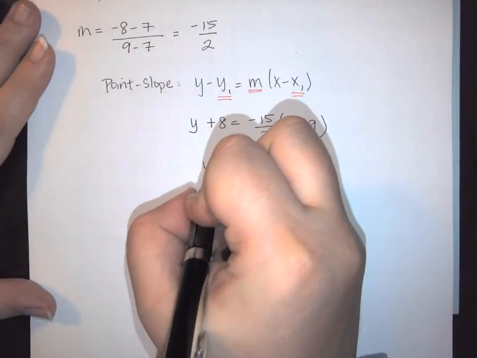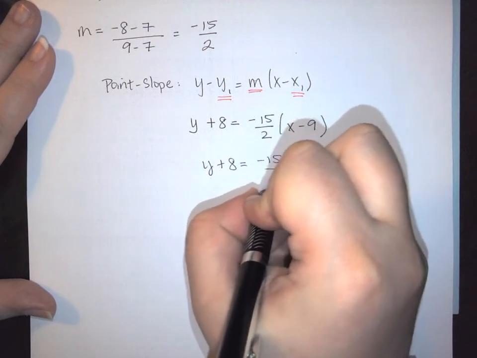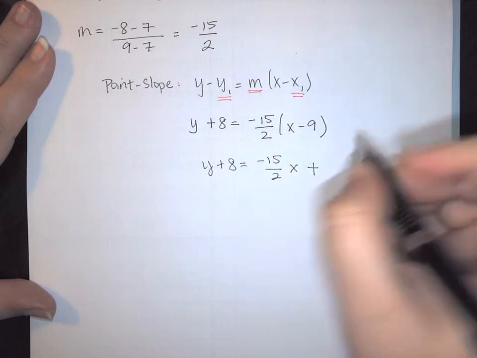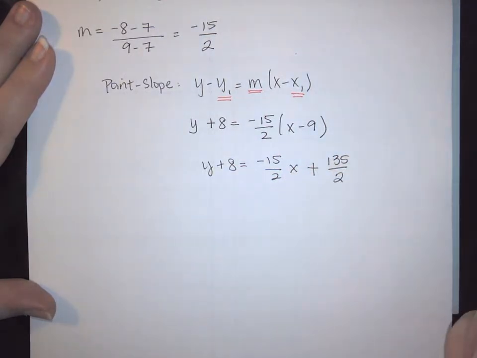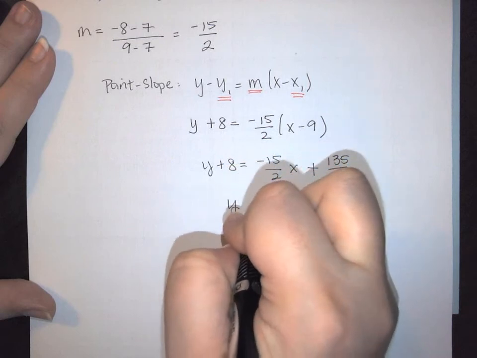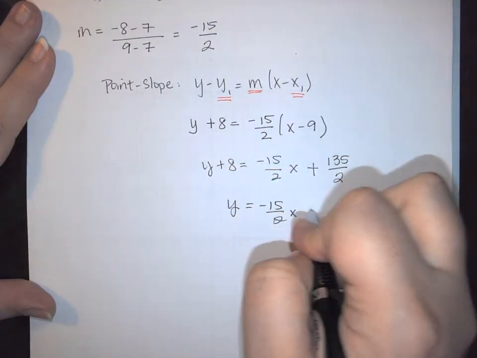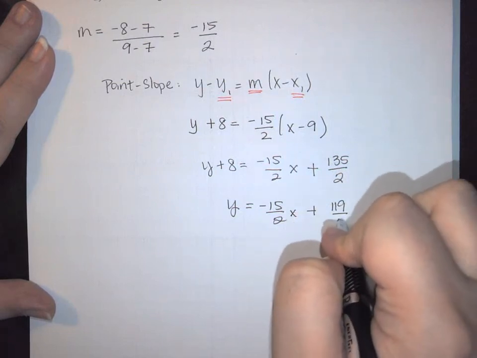Here we're going to have y plus 8 is equal to -15 halves x, and then plus 135 over 2. So here we get that y is equal to -15 halves x plus 119 over 2.